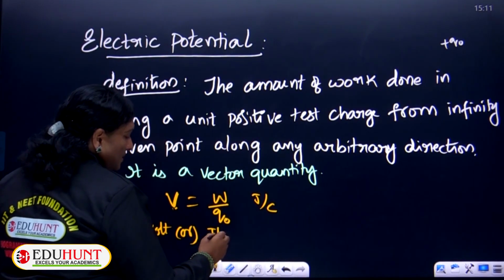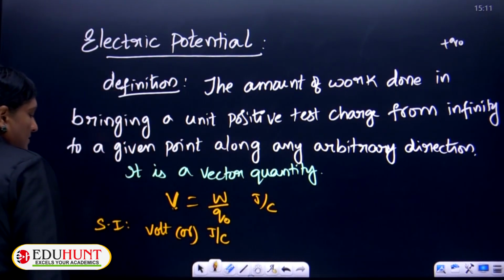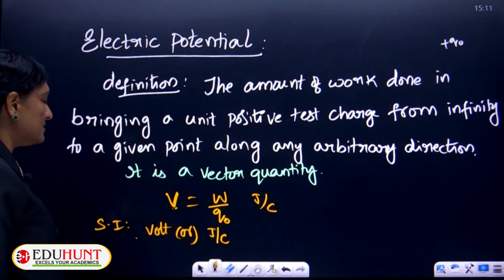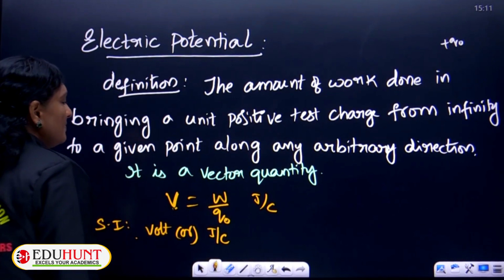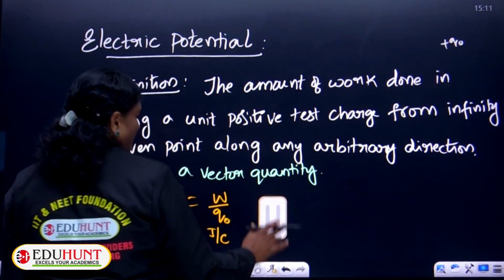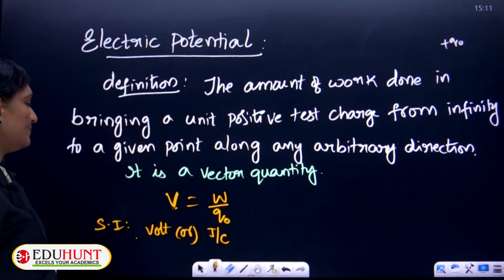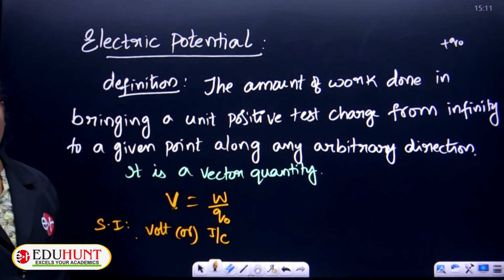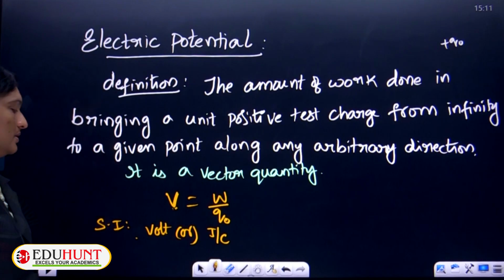So, joule per coulomb. You have two SI units, one is volt as well as joule per coulomb. Similarly, in CGS units, it is measured in stat volt or ESU, electrostatic unit.